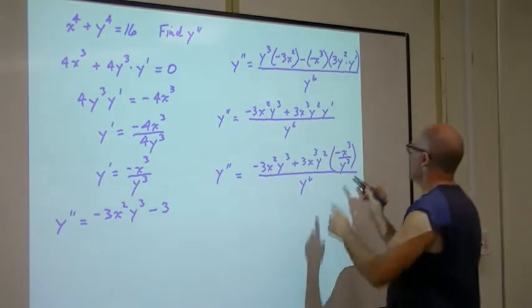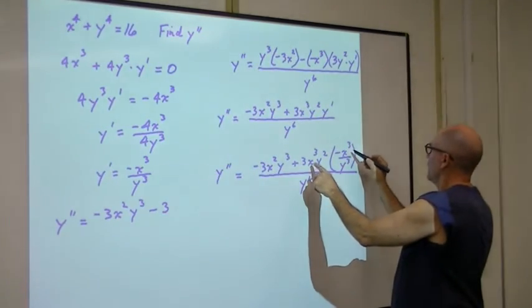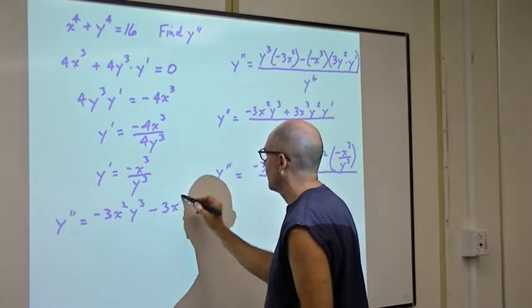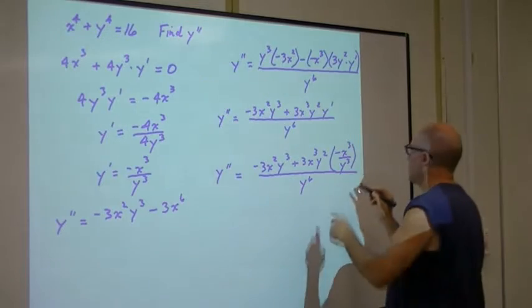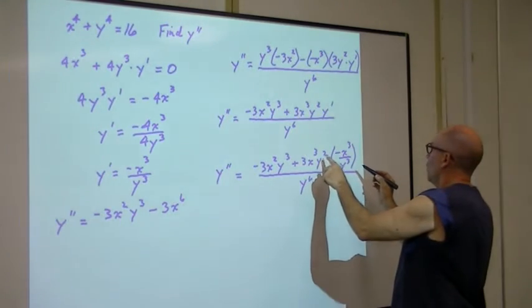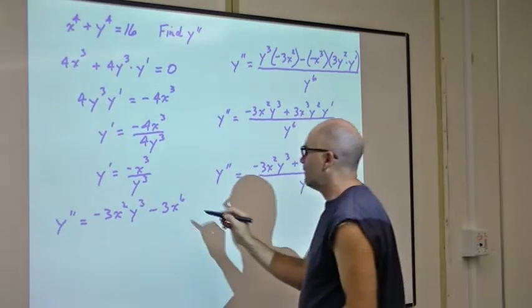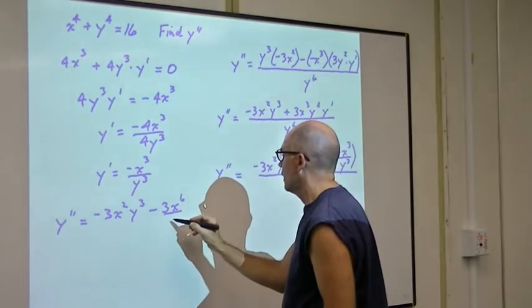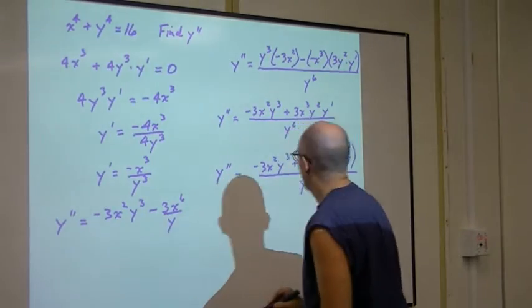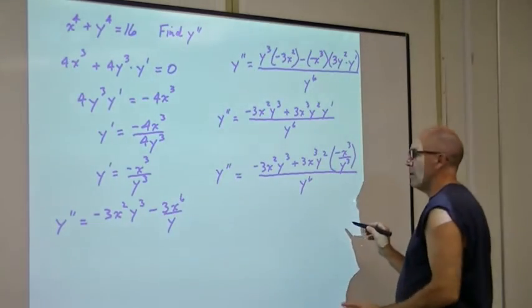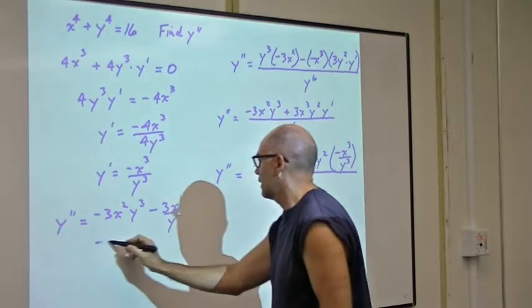What happens to the x's? X cubed times x cubed is x to the sixth. Then what happens to the y? Well, y squared over y cubed makes it divided by y to the first. And then we divide the whole thing by y to the sixth.